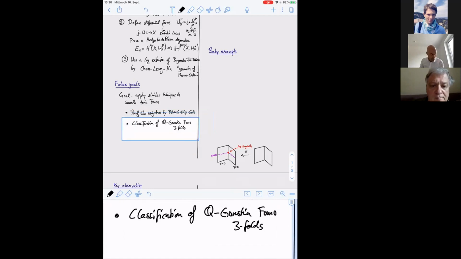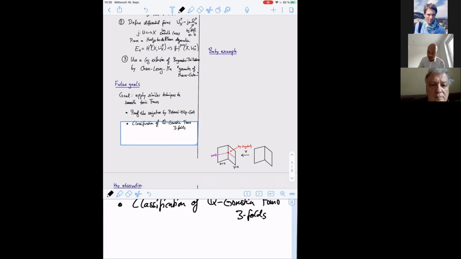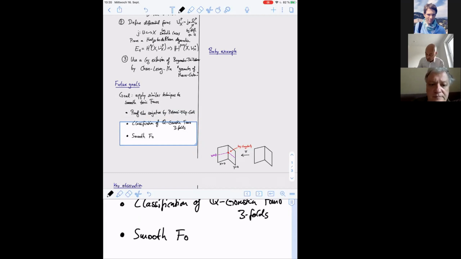And you might care about not just smooth ones, but Q-Gorenstein Fano threefolds. And that's something that may well be tractable by what I'm going to tell you about today. I believe we're getting there. It's not far away from that. But then somewhat more ambitious is to classify smooth Fano fourfolds.